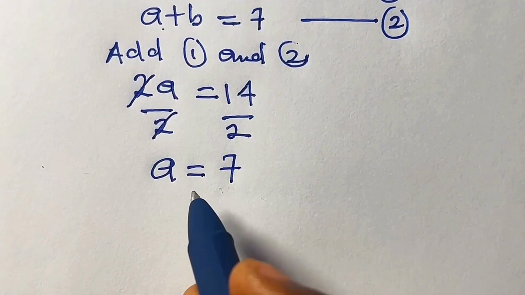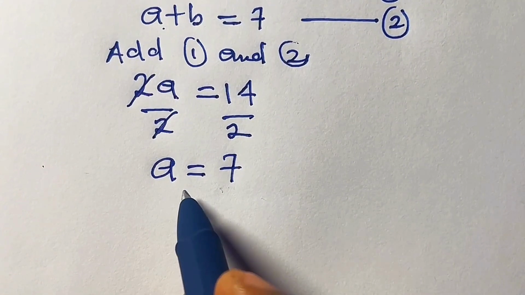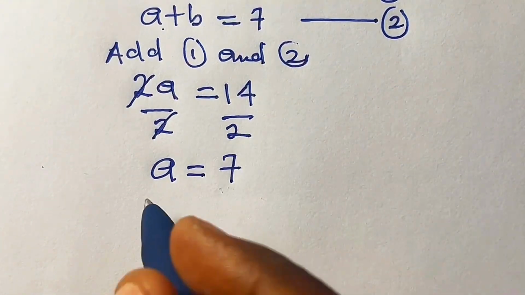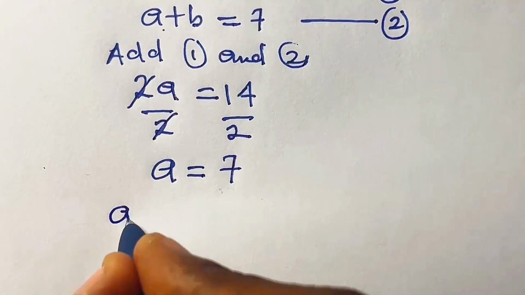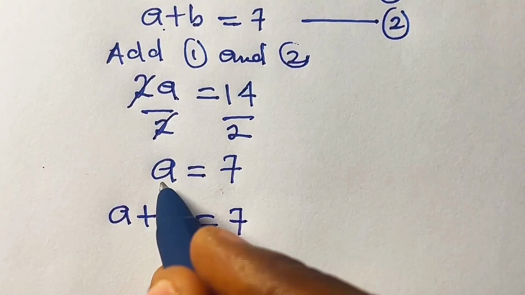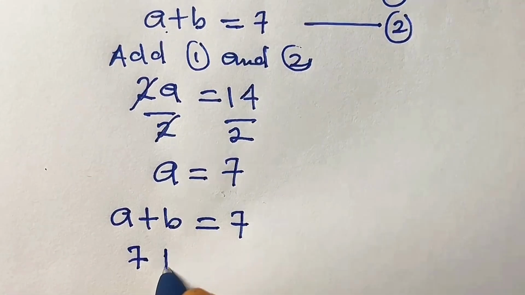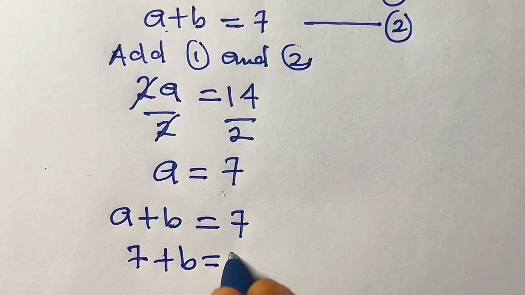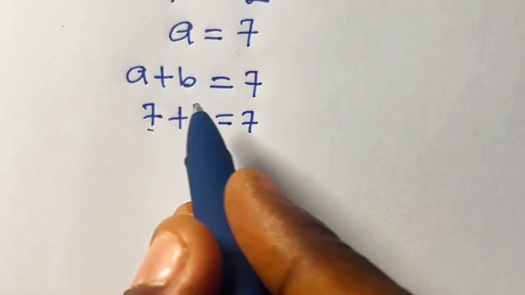To obtain our b, we substitute this value of a into our equation 2. We have a plus b equals 7. So wherever we see a, let's put 7. So we have 7 plus b equals 7. We can collect the like terms by transferring this 7 to the other side.